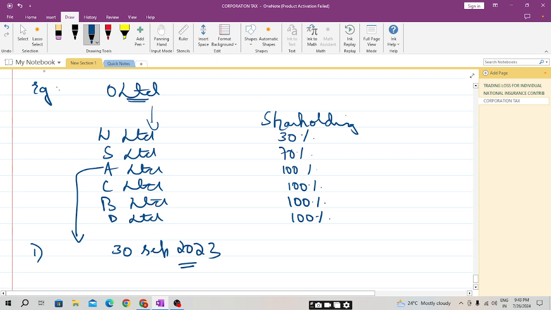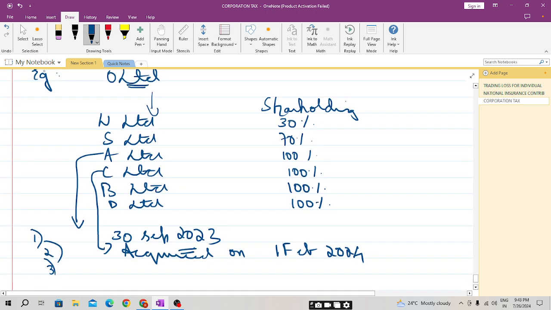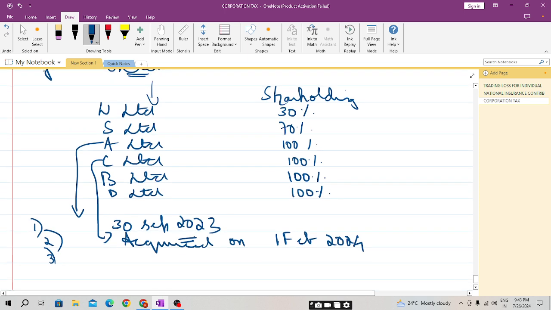And the C Limited was acquired on, let's take, 1st February 2024. And the third note is that the rest of the companies' shares were held throughout the year. I hope this is clear.